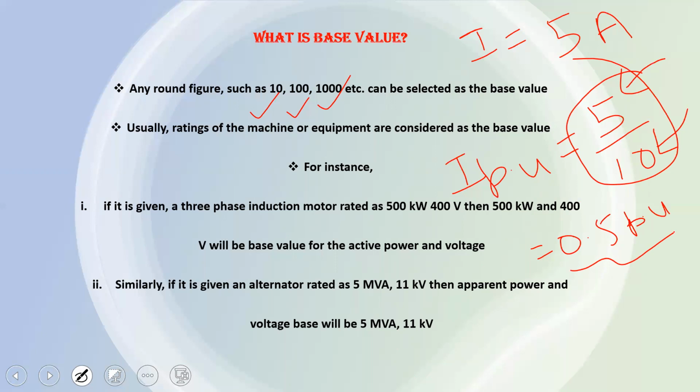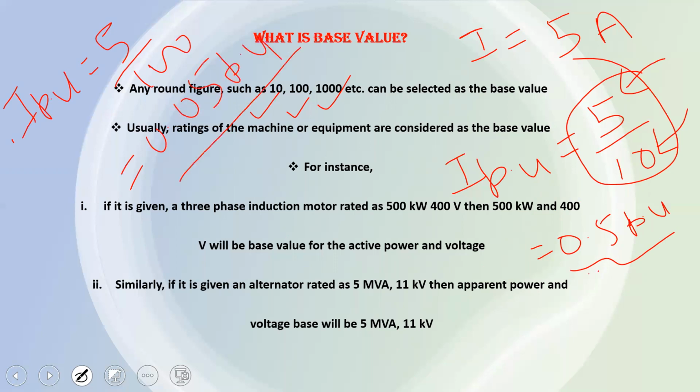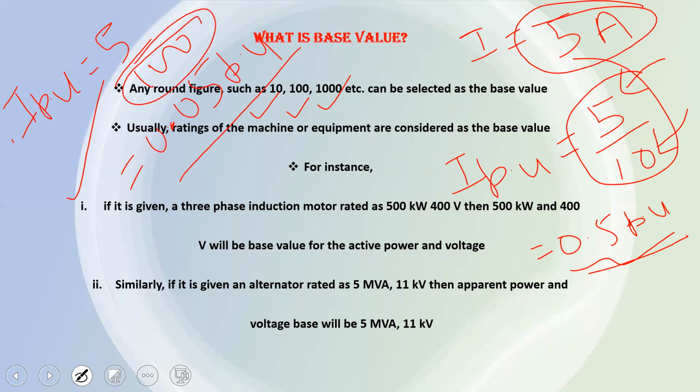Suppose another student takes base value of 100. So for that student, the answer will be 5 by 100 equal to 0.05 per unit. So both answers are correct. But you have to mention that the per unit value of this 5 ampere is 0.05 per unit if the base value is 100, and the per unit value of this 5 ampere is 0.5 per unit if the base value is 10.